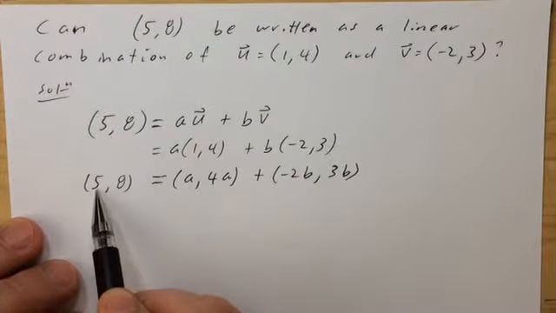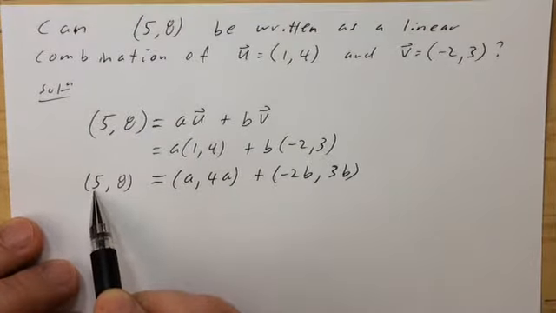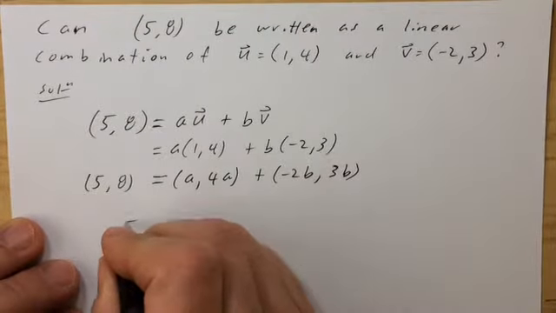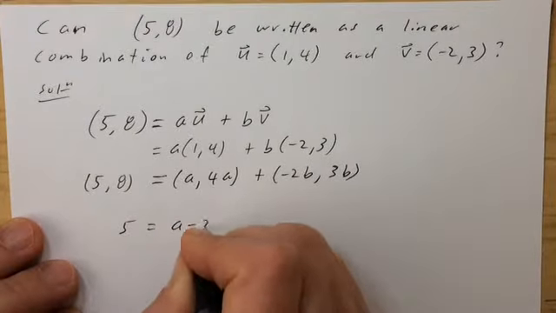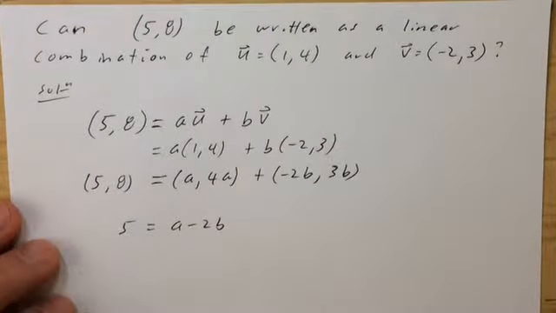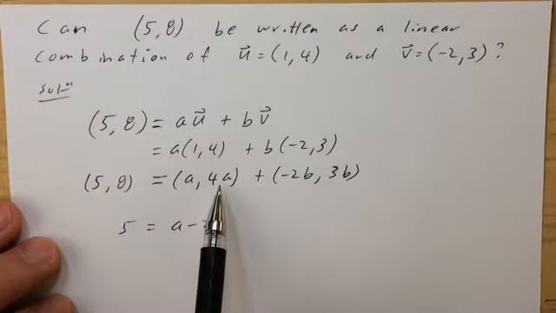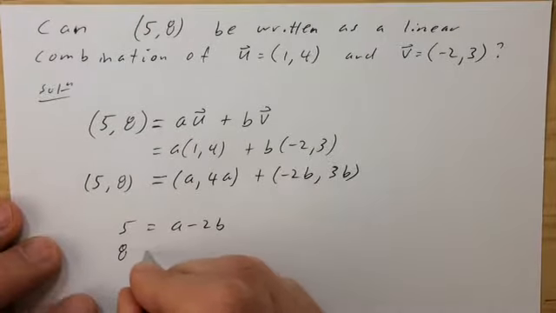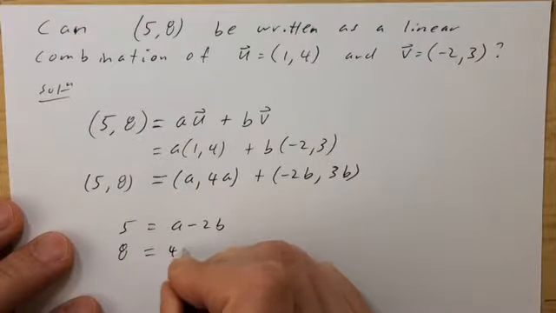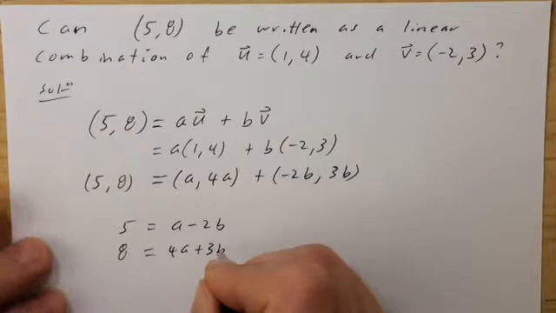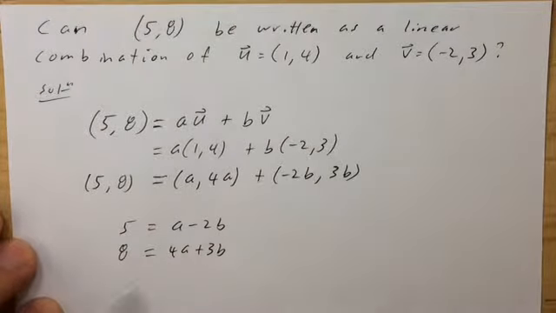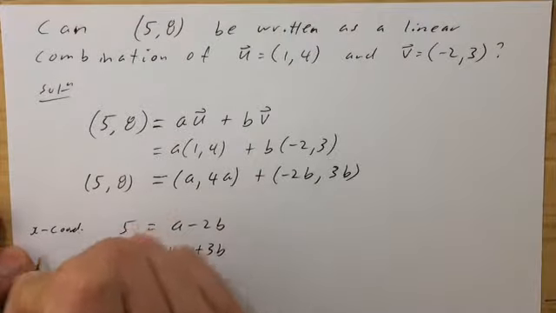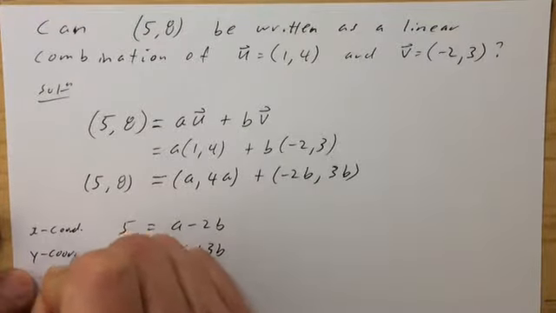So the x coordinate 5 needs to equal a minus 2b. Okay. And the y coordinate 8 needs to equal 4a plus 3b.